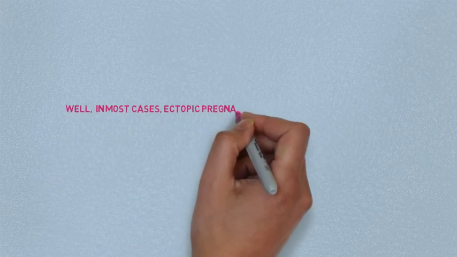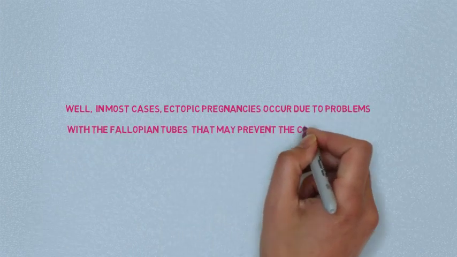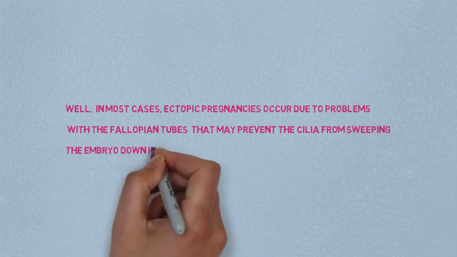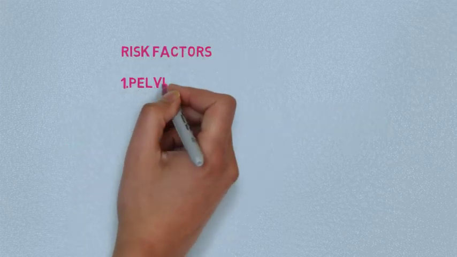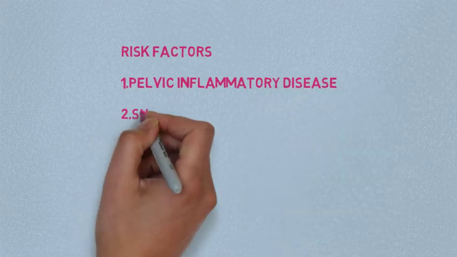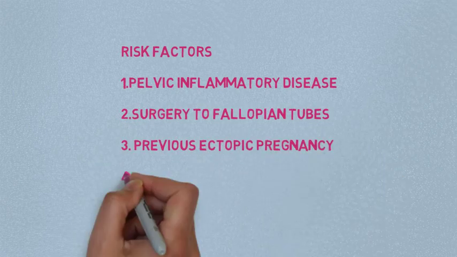So why might an ectopic pregnancy occur? Well, there are a number of risk factors, and most involve the cilia and the movement from the fallopian tube to the endometrium. The key risk factors are pelvic inflammatory disease, where there may have been adhesions or inflammation.